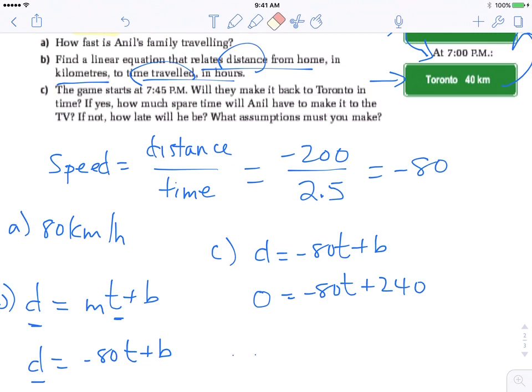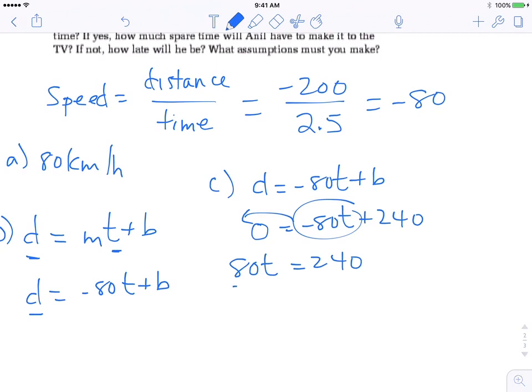So that's our y-intercept. Then we add 80t to both sides. I get 80t equals 240. We divide both sides by 80, and the time is equal to 3 hours.